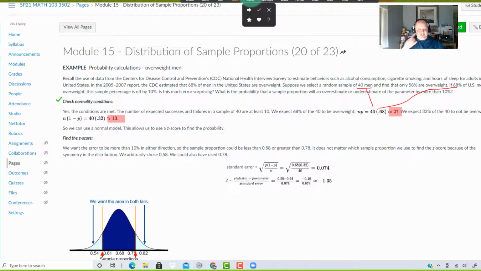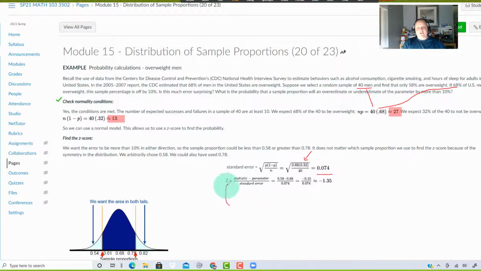Now we're going to find the z-score. Now, the reason we need a z-score is to turn that into a probability. So what we can do is very similar to what we did before. First, we need to find our standard error, and that is done here. We can use Desmos or any other type of calculator, but we come up with about 0.074 as our standard error.